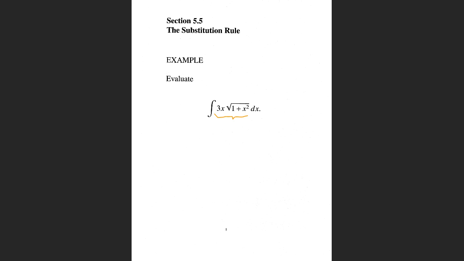Clay and Jonathan agree. The square root function makes it difficult. So what if we were to do a substitution? What if we were to let u equal 1 plus x squared? Okay, u equals 1 plus x squared. How would that affect things?